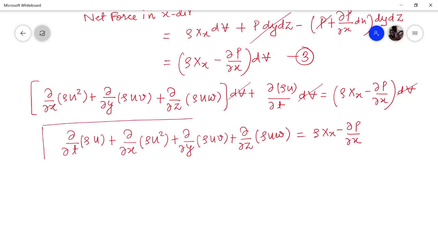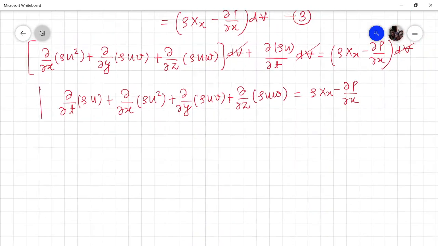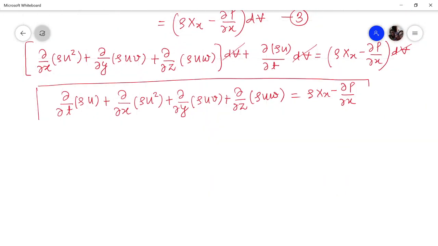So friends, this is the momentum equation, or Euler's equation, in the x direction. Now you can do the similar thing for y and z direction. So for y direction, this will be del by del t. You can try it yourself.